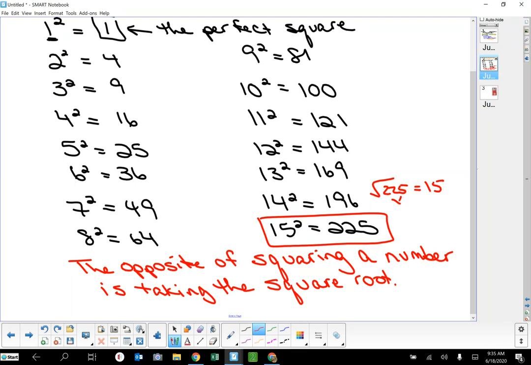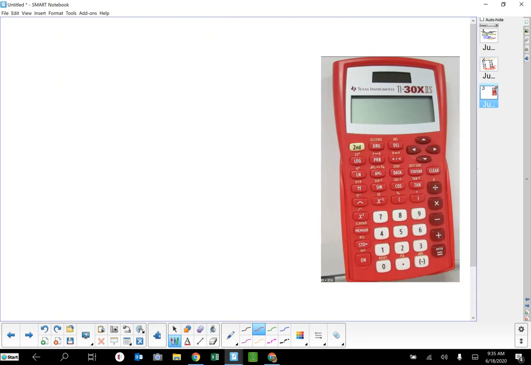But anyway, all right, so let's take a look at this calculator in case you're using it. The square root button is right above the x squared button.